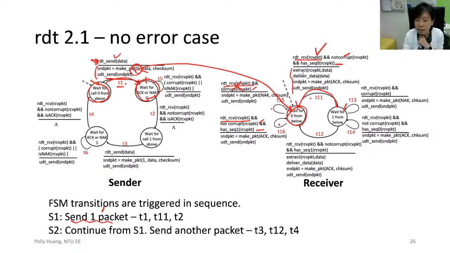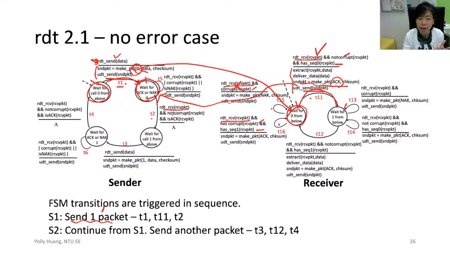And now next, right over here, the receiver is generating an ACK packet and it's being sent back. So that's going to trigger an ACK packet arriving back at the sender. The sender is currently at the wait for ACK or NAK 0 state. See, there are 2 possible transitions. Which of these matches the ACK packet with no error?